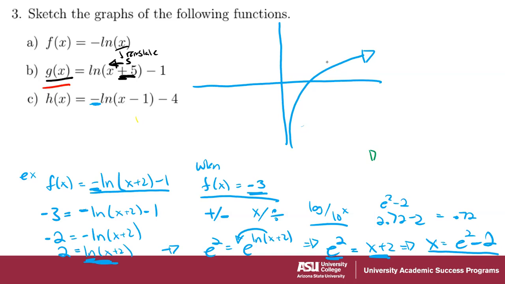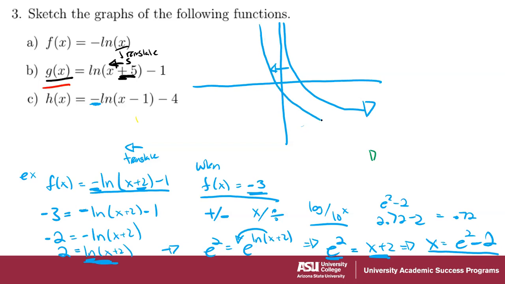But when we reflect it, now we're reflecting across the y-axis, so we look like this. Then this plus 2 is going to translate, right? It's a plus 2 inside of parentheses, so we know a plus actually means to the left. So we can move our function 2 units to the left. So now this is our function.